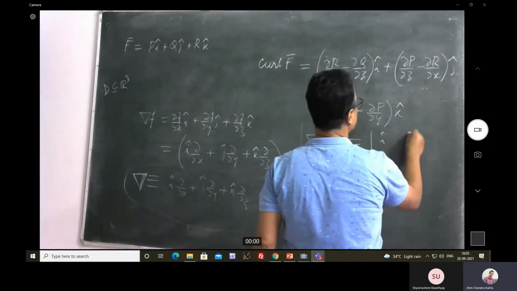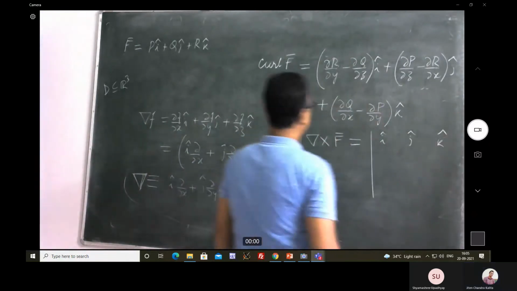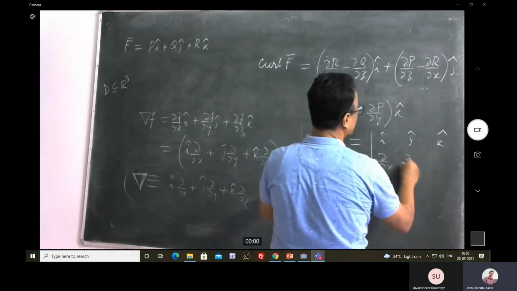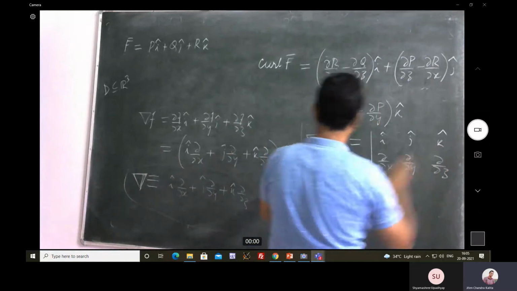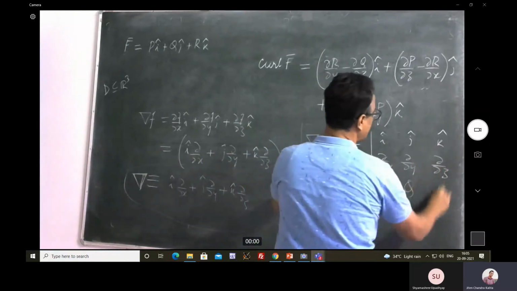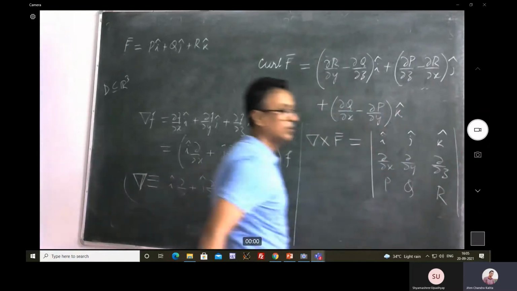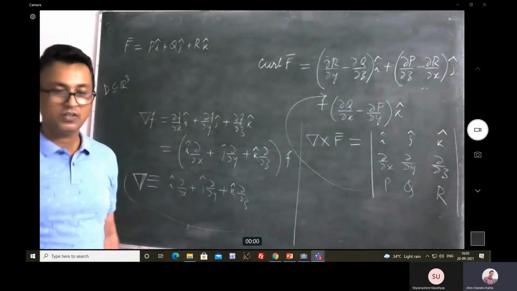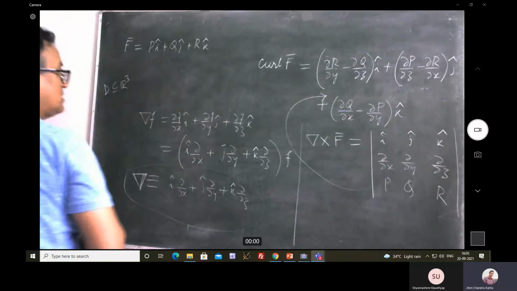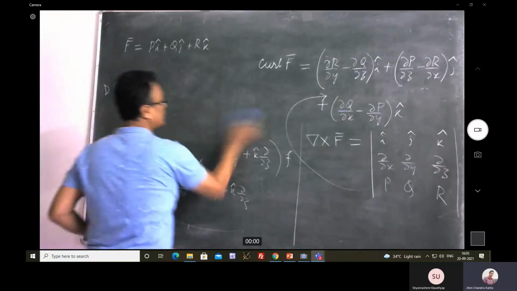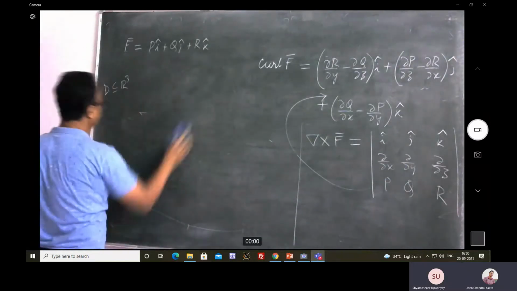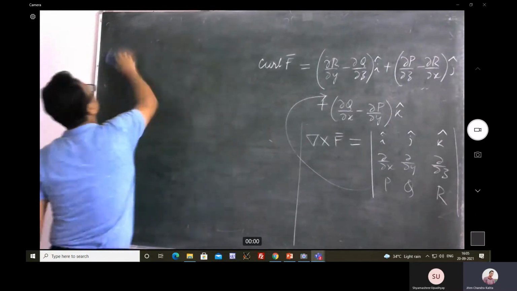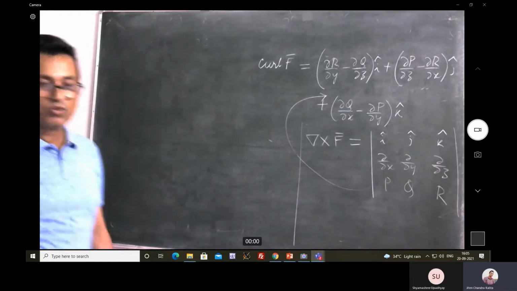Because the components of one will be del x, del y, del z, and for the other the components will be P, Q, R. Once you expand it, you simply get this. Is it okay? Fine. I'm going to deal with certain examples in the tutorial sheet.